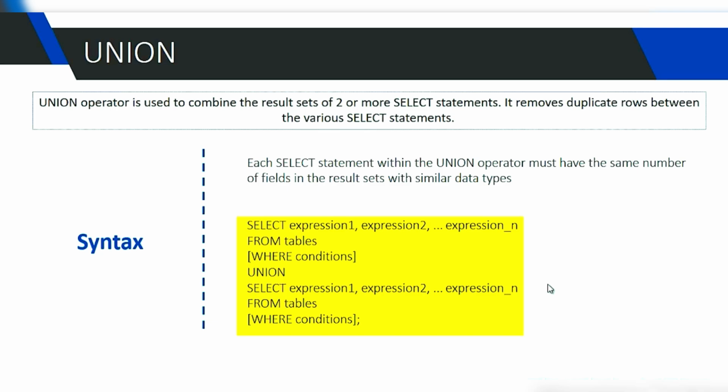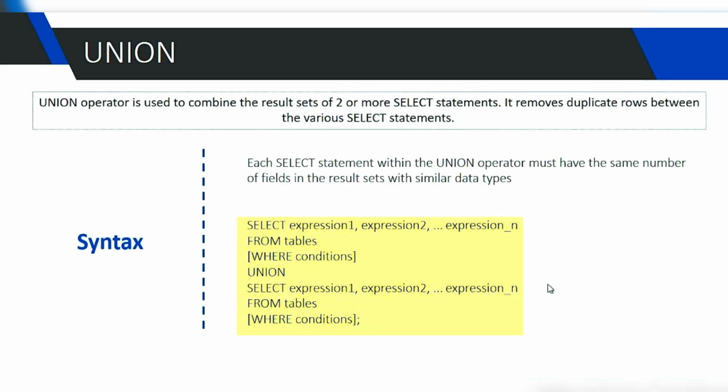If expression 1 in the first select statement is integer, it should be integer in the second select statement also. And the number of expressions in the first select statement, if it is n here, it should be n in the second select statement also. You can specify more than 2 select statements using multiple unions.